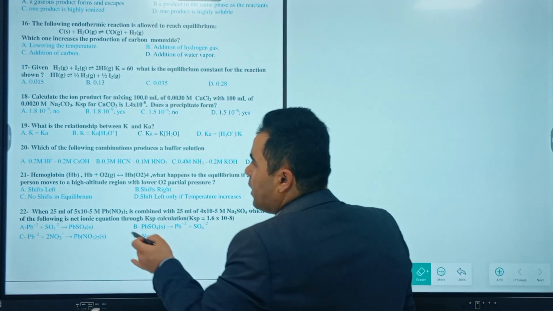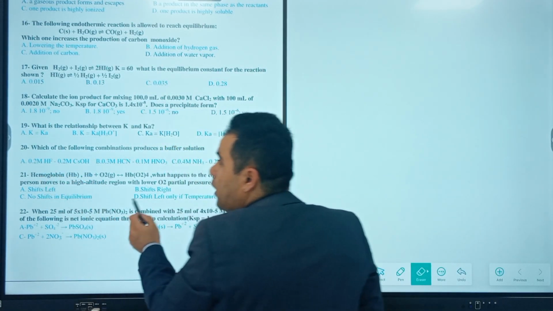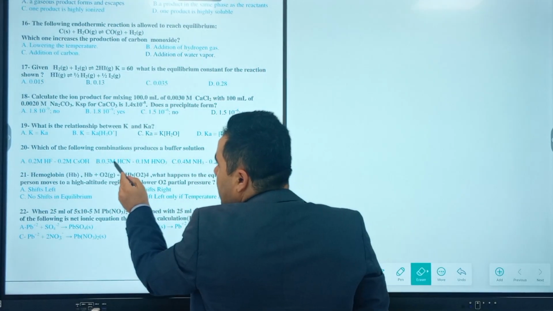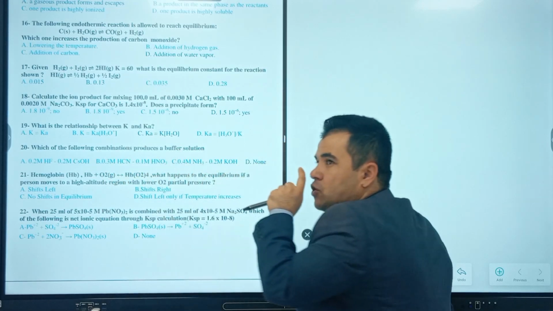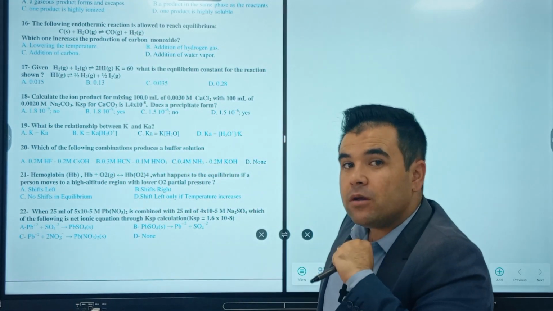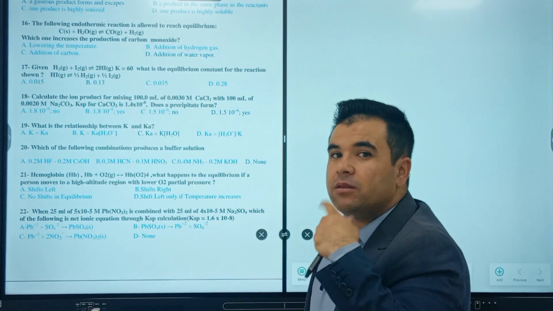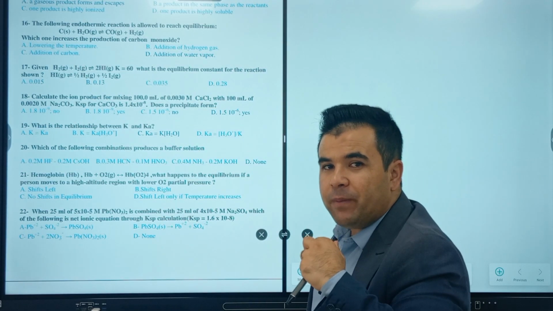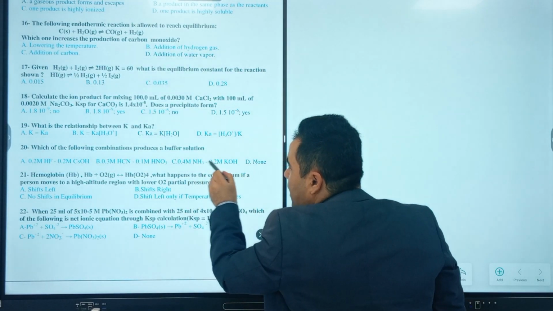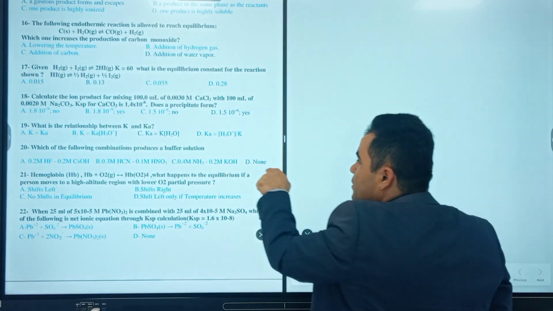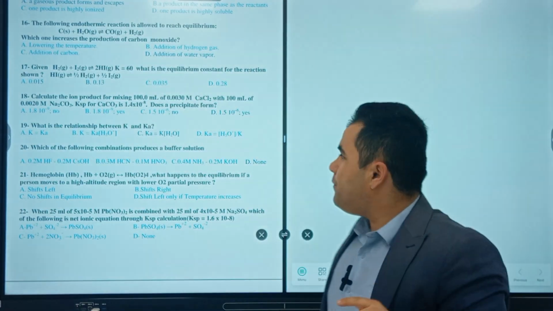But here we have 0.2 HF with cesium hydroxide, equal amounts, so they cannot form a buffer. HCN with HNO3, guys, the weak is higher than the strong, but both are acids, so they cannot form a buffer. The weak must be an acid with a strong base, or a weak base with a strong acid. C, the same, they are both bases. So none of them; D is the correct answer, none of them is a buffer solution.